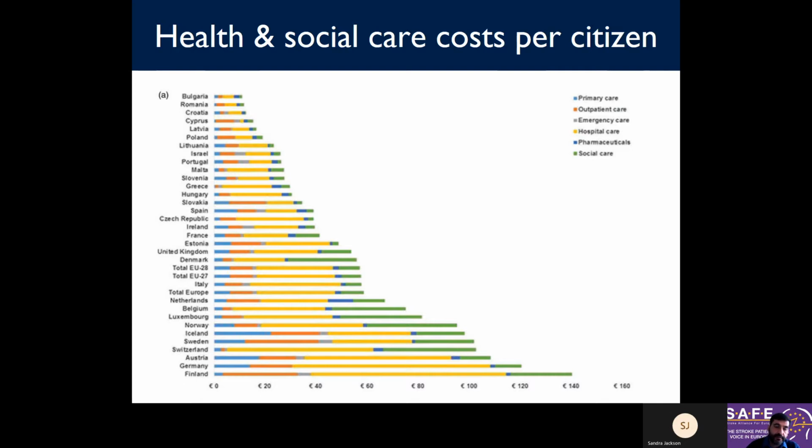So at the top of the graph, countries tend to be either from Eastern or Southern Europe, whereas at the bottom of the graph, you can see that the countries that spend more on stroke on a per capita level tend to be Northern European countries. What is common in all countries is that hospital care is the biggest component of stroke care in all countries.